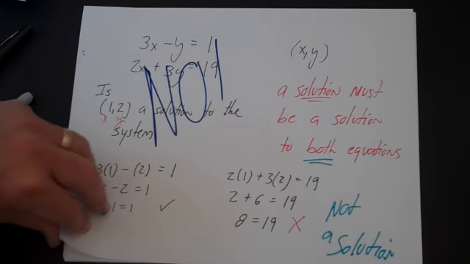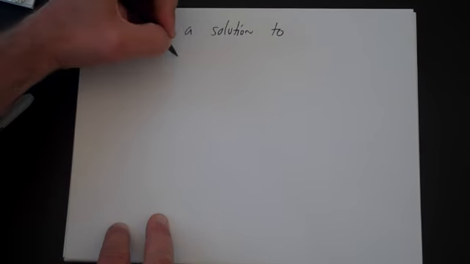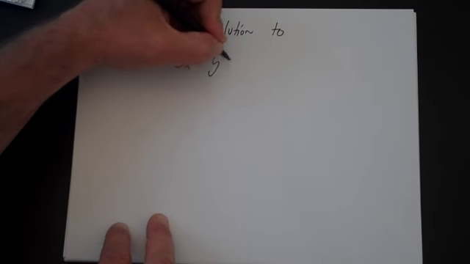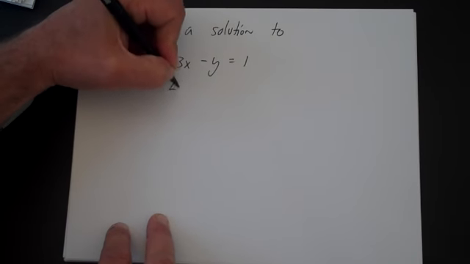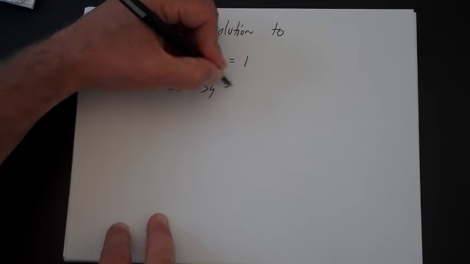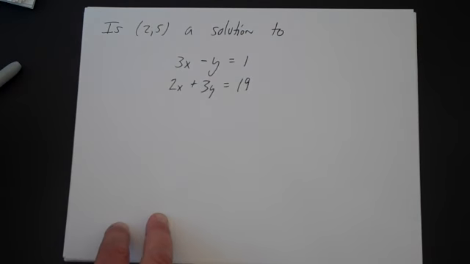Let's use the same system, but let's use a different point. So the question now is, is (2, 5) a solution to the system 3x minus y is 1 and 2x plus 3y is 19? So what are your steps here?